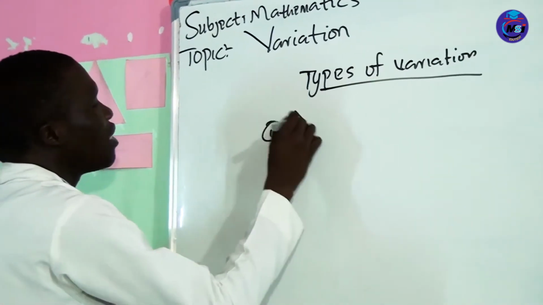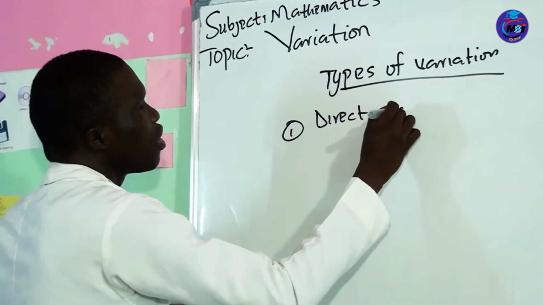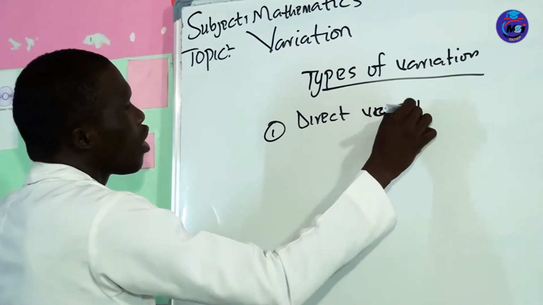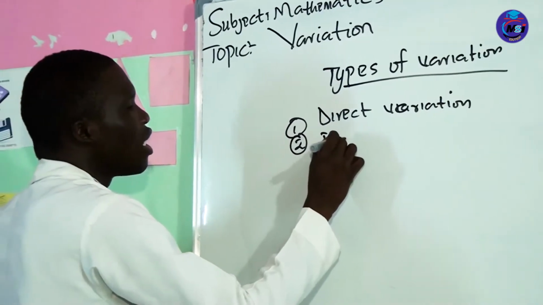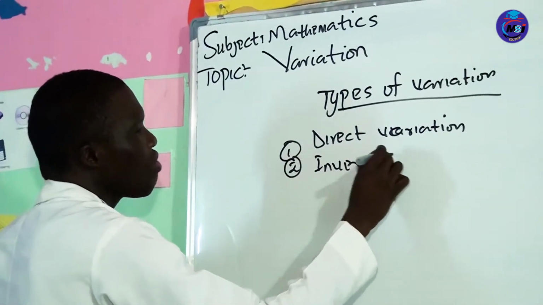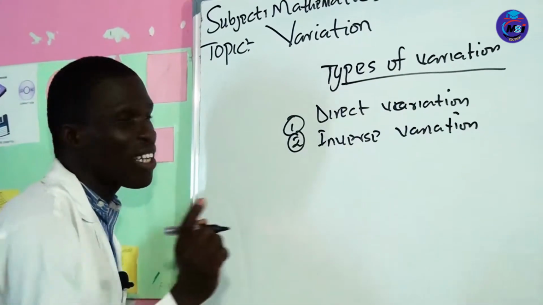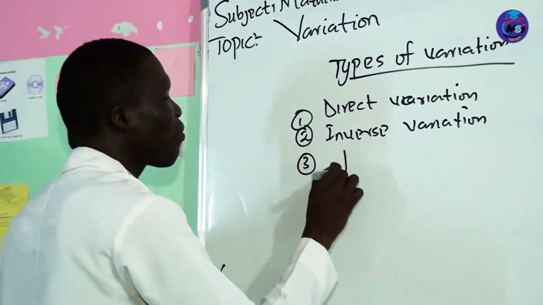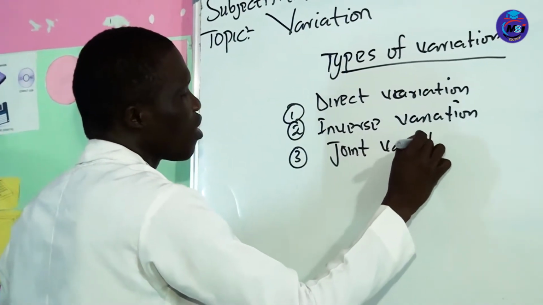We have direct variation. We have inverse variation. Can you tell me the third one? We have joint variation.